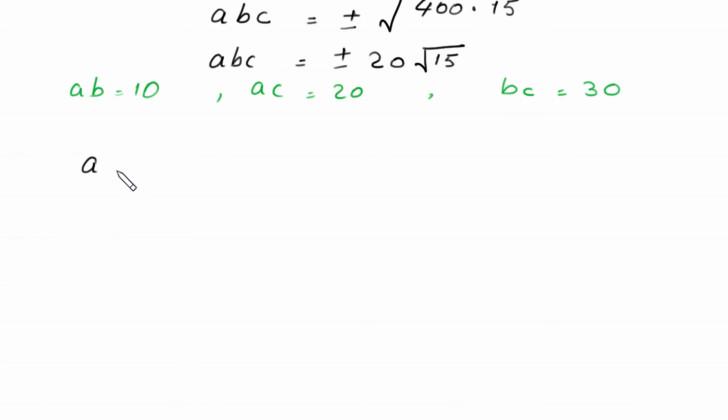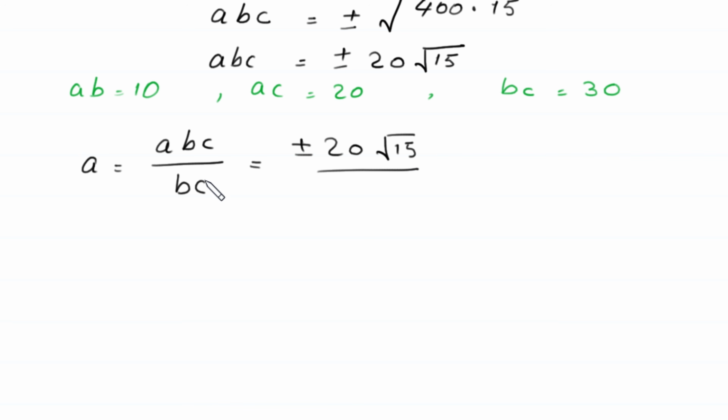Now a is equal to abc divided by bc. So this will be equal to, in place of abc we write this plus minus 20 times root 15, divided by, in place of bc we write this 30.